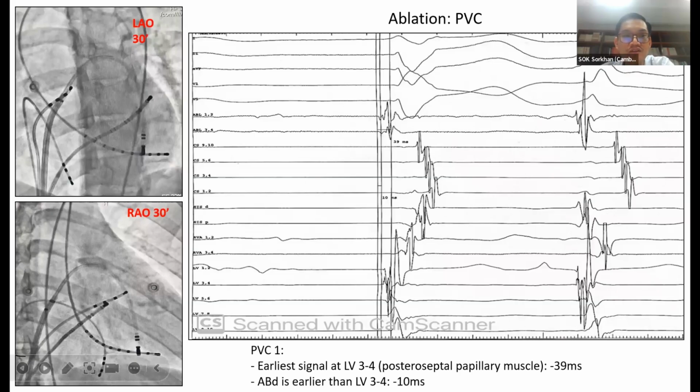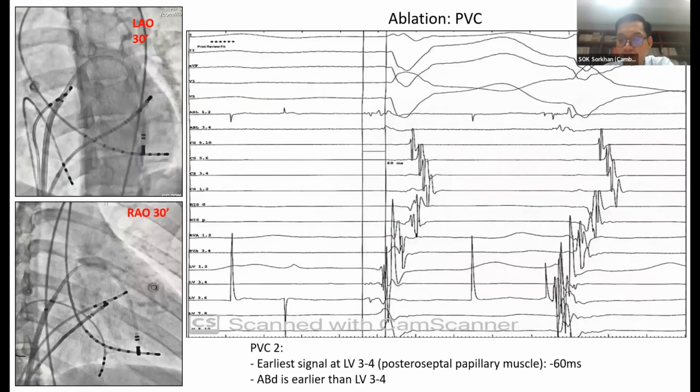The earliest signal at LV34 was minus 39 milliseconds, and earlier than LV34 minus 10 milliseconds. So we think it's the best point, a good point to ablate. So we ablated there, at LV34.